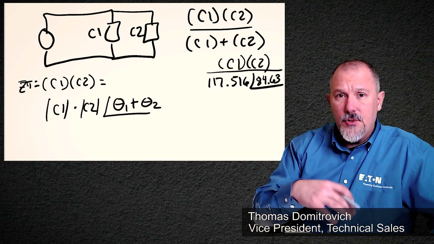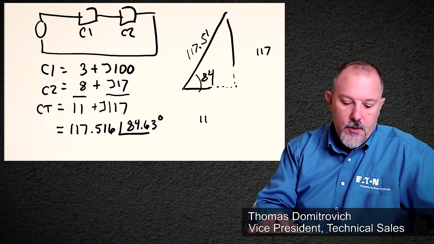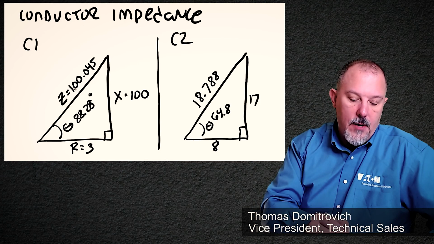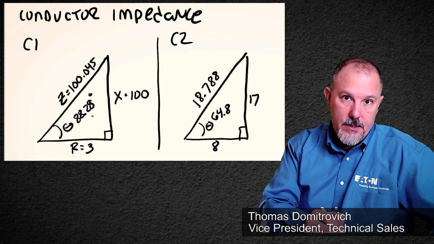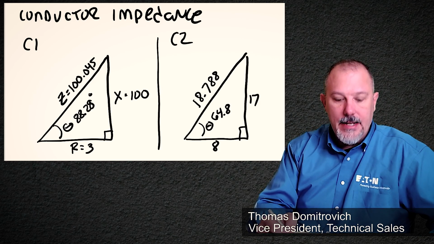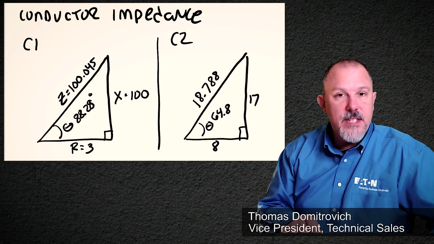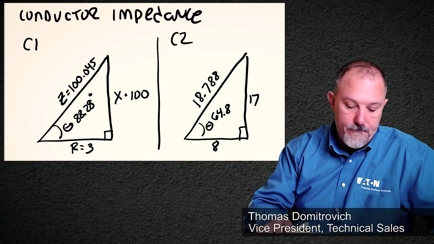So if I use polar coordinates instead of the rectangular, if I go back to this and I use 100.045 at an angle of 88.28 and 18.788 at an angle of 64.8, I can multiply 100.045 times 18.788 and then add the angles.